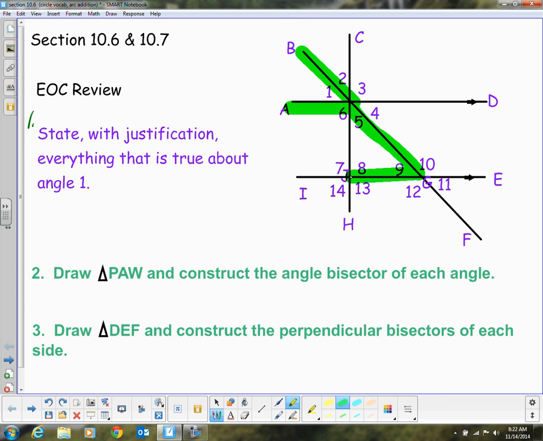Linear means they're attached on a line, and 1 and 10 aren't attached on a line. 1 is supplementary with angles 2 and 3. 1 would be supplementary with what angles? 6 and 5. So that was what you were supposed to do on 1.